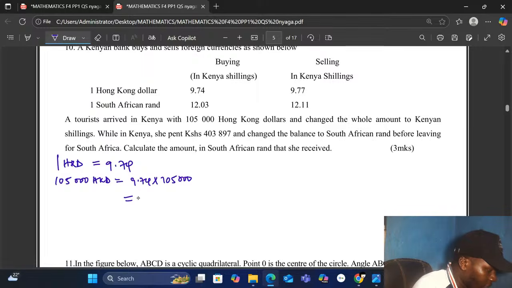so that we have in Kenyan shillings 1,022,700 shillings. Now this tourist, she spent 403,897.